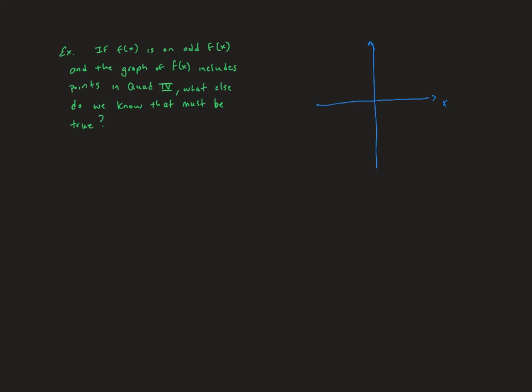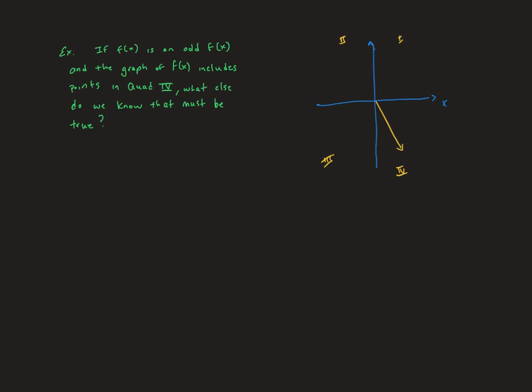Great. There's part of a function in quadrant 4. I just made it up. That's not quadrant 4 though. This is quadrant 4. Remember, it goes 1, 2, 3, 4.